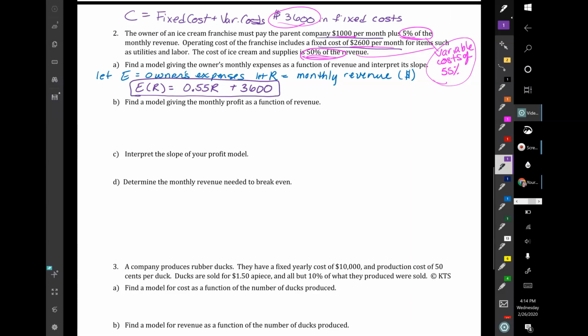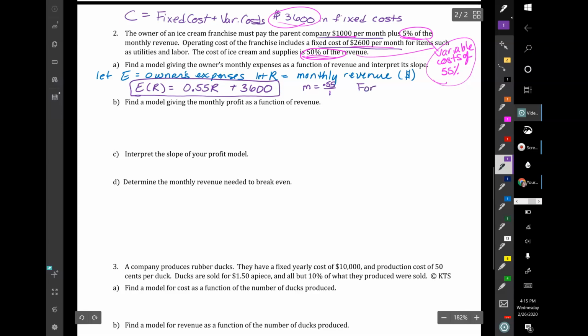And that would be the model for the owner's expenses as a function of revenue. To interpret its slope, we could think of it as 0.55 over 1 or 55%, that just means every time the revenue increases by $1, the expenses increase by 55 cents.